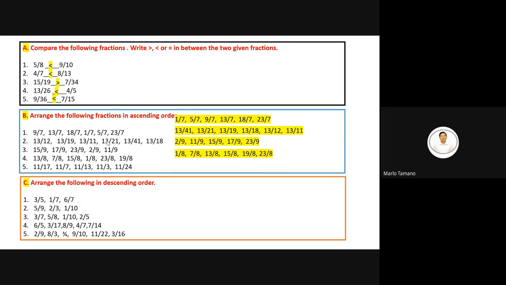Number 4, 1/8 and so on. And number 5, 11/24 and so on. So we have here 6/7, 3/5, and 1/7.